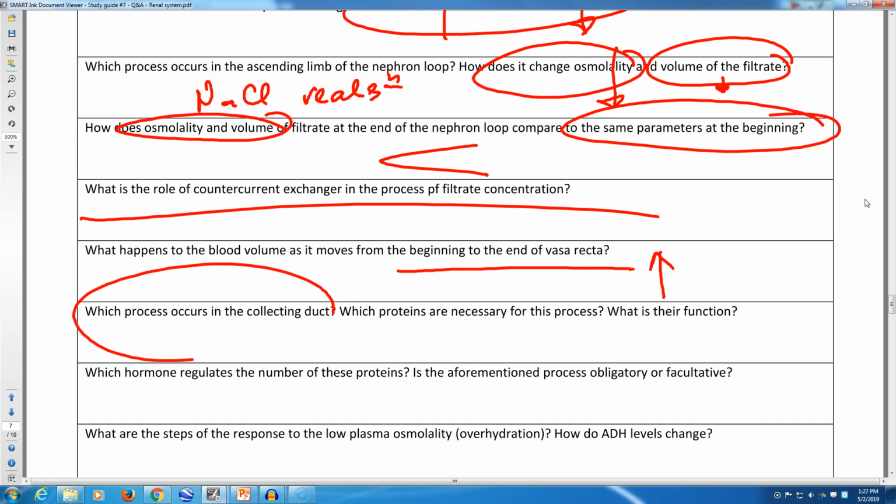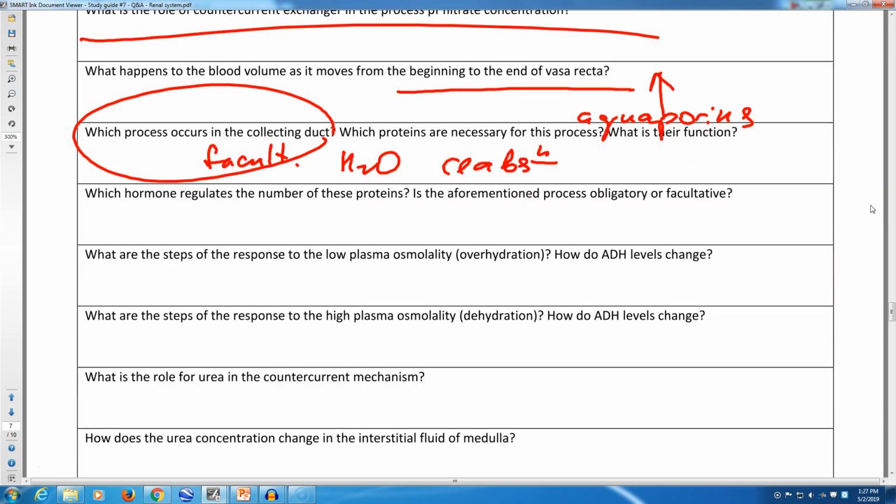In the collecting duct, facultative water reabsorption. Aquaporins are the transport proteins for the water reabsorption. ADH regulates the amount of these proteins. It's a facultative process.